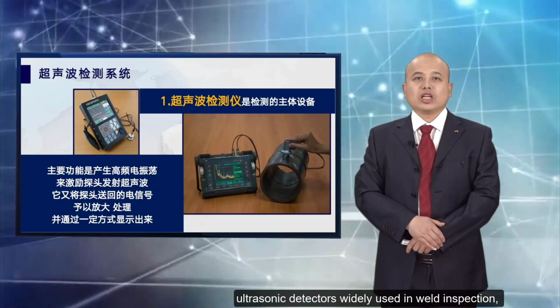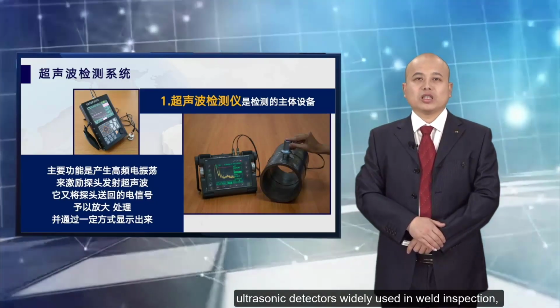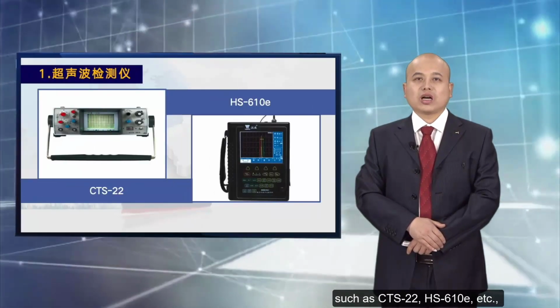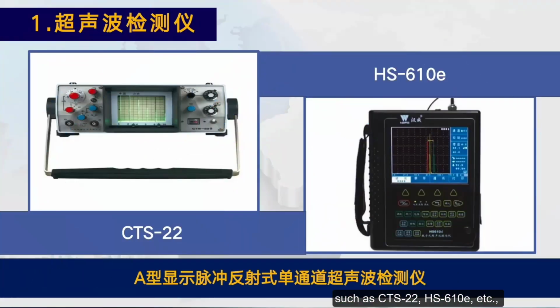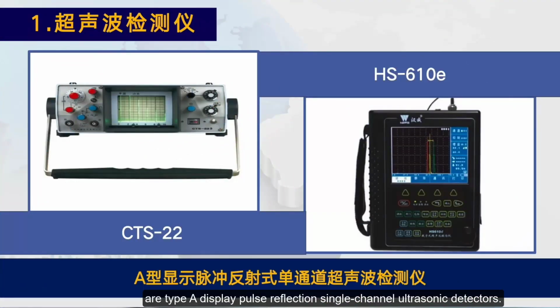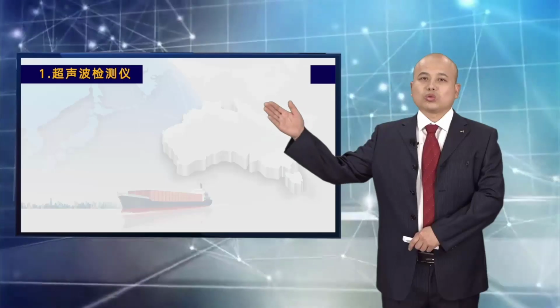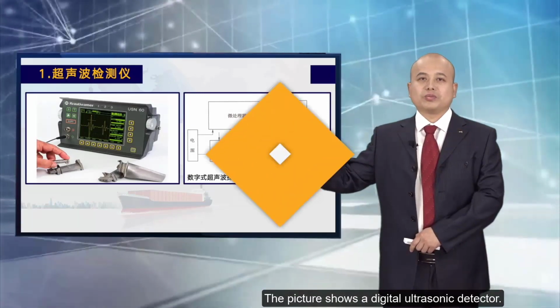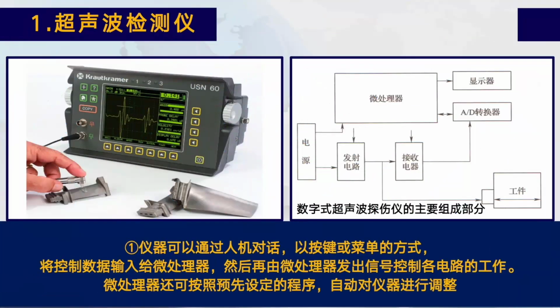At present, ultrasonic detectors widely used in weld inspection, such as CTS-22, HS-610E, etc., are A-type display pulse reflection single-channel ultrasonic detectors. The picture shows a digital ultrasonic detector. 1.